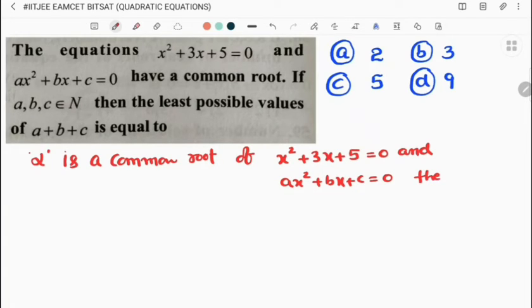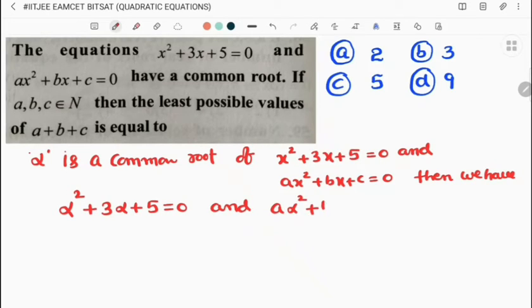Then we have, wherever x is there in these equations, you have to replace it with alpha. So the first equation becomes alpha square plus 3 alpha plus 5 equal to 0, and the second quadratic equation becomes a alpha square plus b alpha plus c equal to 0.